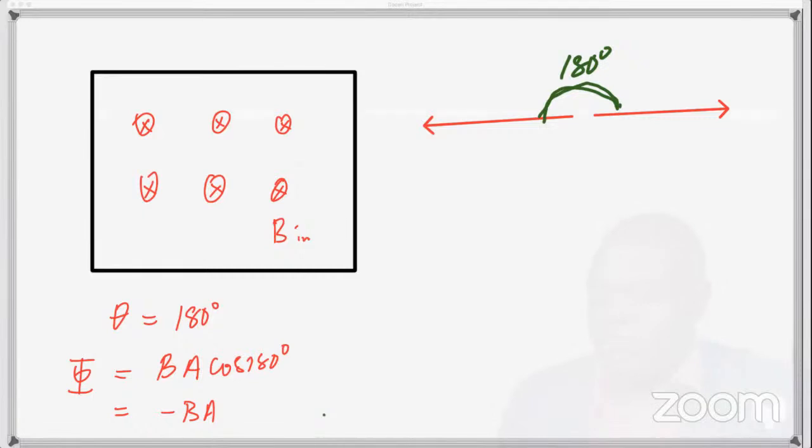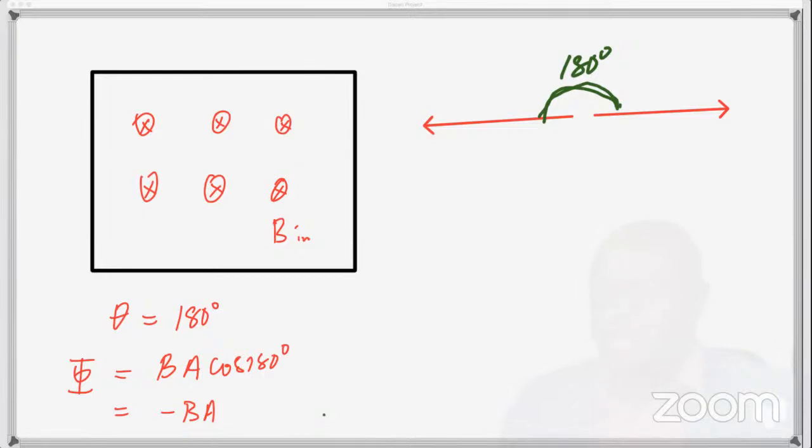And this is just minus B times A, because cosine of 180 is minus 1. So the flux here is negative, whereas in the other case it's positive. But if you take the absolute value, the amount of flux would be the same as the case where the angle is 0. So you have maximum flux when the angle between the field and the normal vector is either 0 or 180.